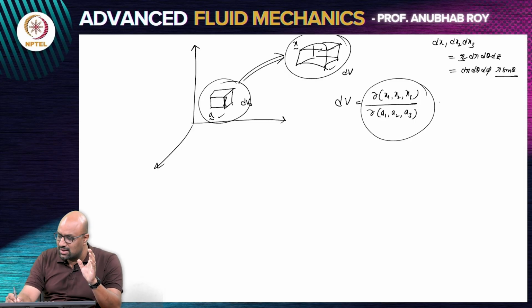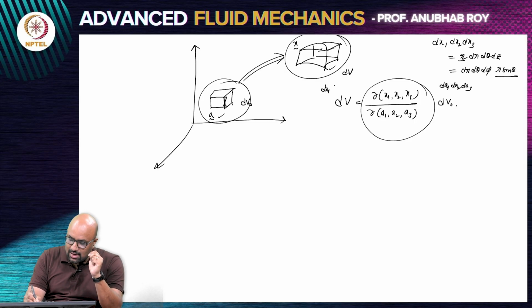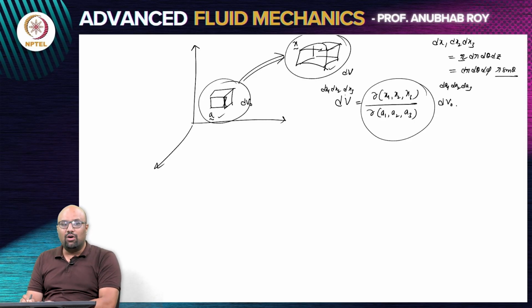That is essentially what is going on here. So, this is going to be the earlier volume, which is dA1, dA2, dA3, and dV is dx1, dx2, dx3. This is just a statement of how volume elements transform due to a change in coordinate system.